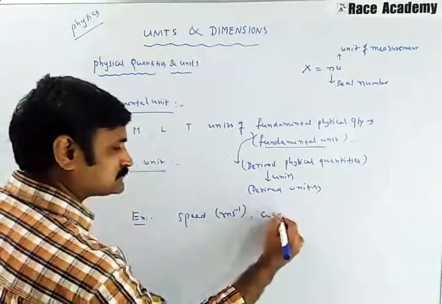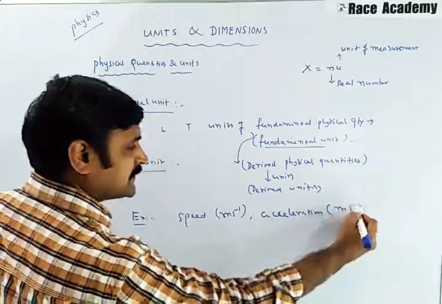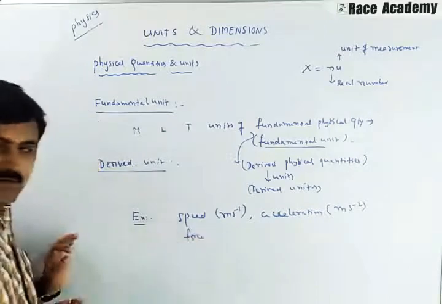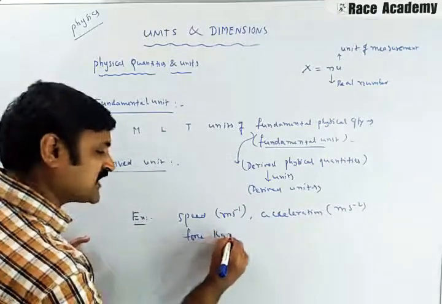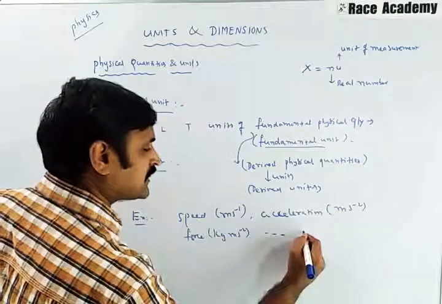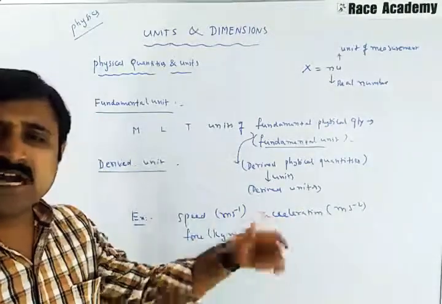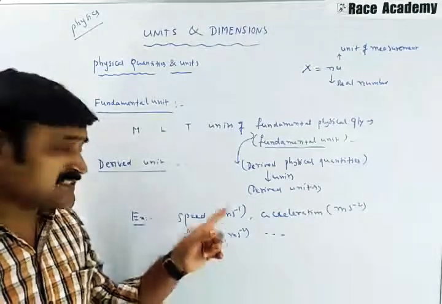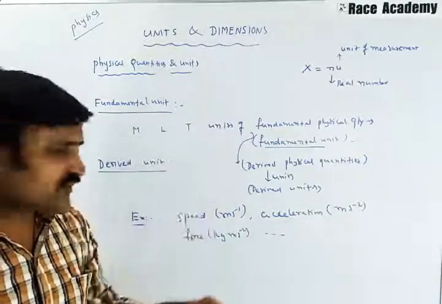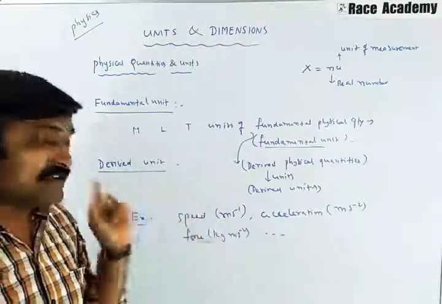Acceleration has meter per second square as the unit. For force, kilogram meter per second square is the unit, etc. These are derived quantities: speed, acceleration, force. And the units meter per second, meter per second square, kilogram meter per second square, we call derived units.